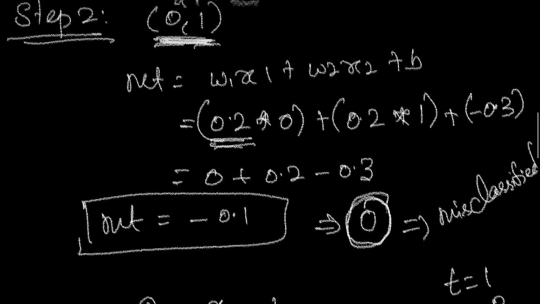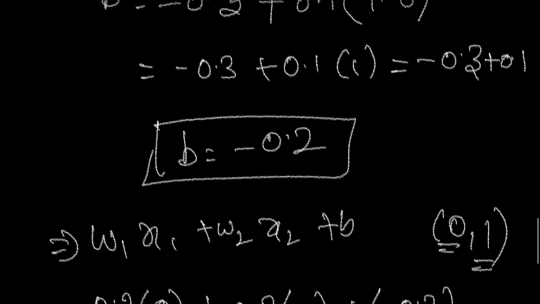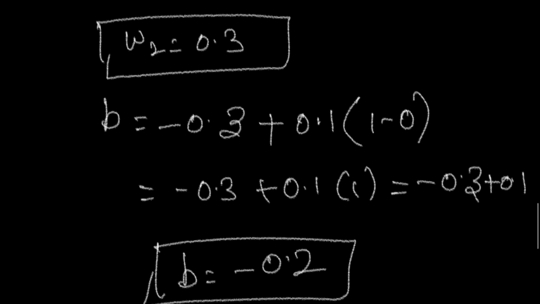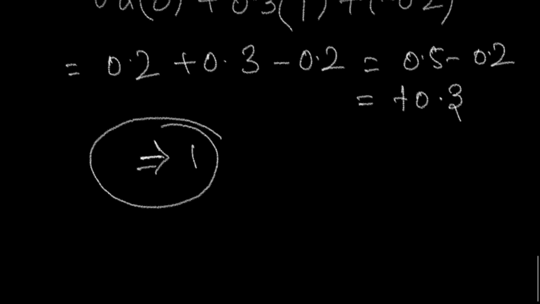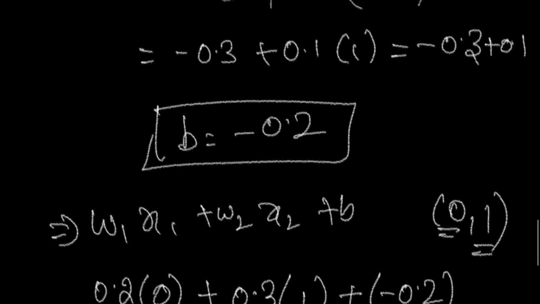Now check the truth table: 0, 1 is 1. Right? Now we got the right value, so we have adjusted the weights. This adjustment should be done only after completing the entire truth table calculations.